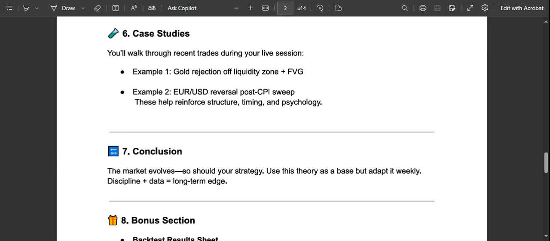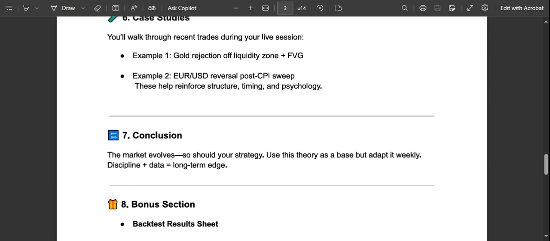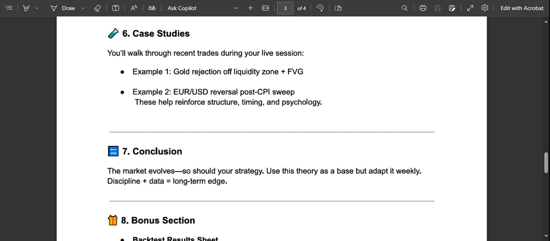So in conclusion, we say that the market evolves. Should you use your strategy? You should use this theory as a base, but adapt to it quickly. Discipline plus data gives you a long-term edge. Normally, the professional traders that we have in town are very disciplined and deal with a lot of data.